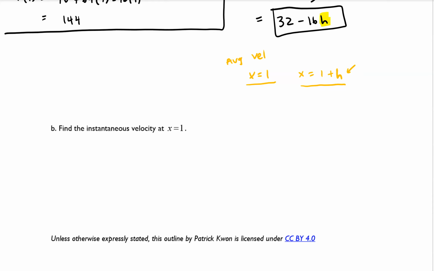So how are we going to write that? Well, we found that the average velocity was equal to 32 minus 16h.